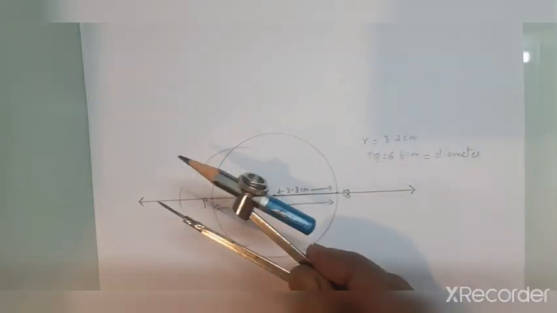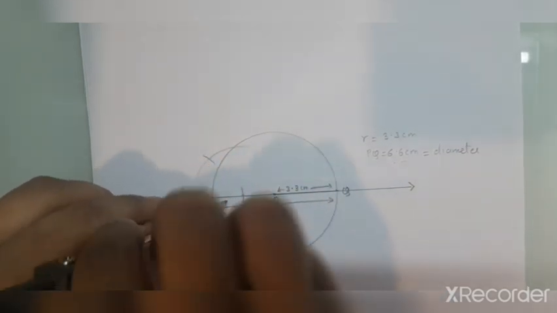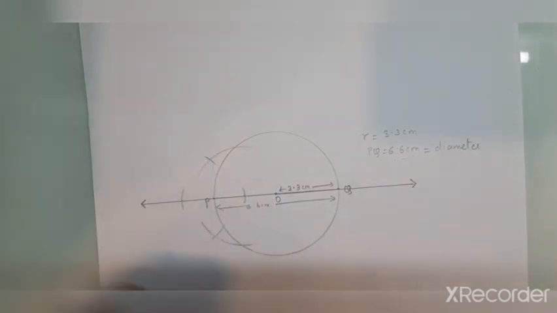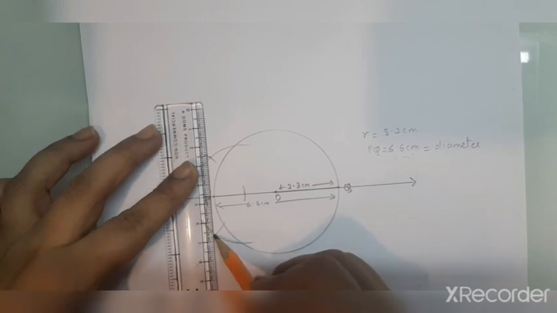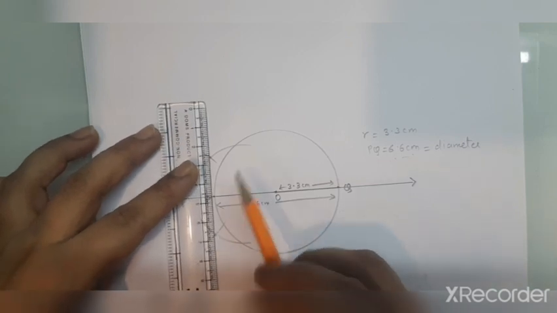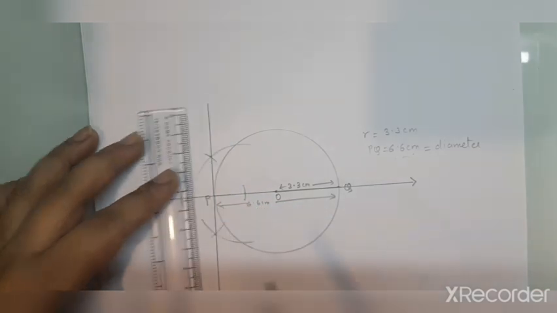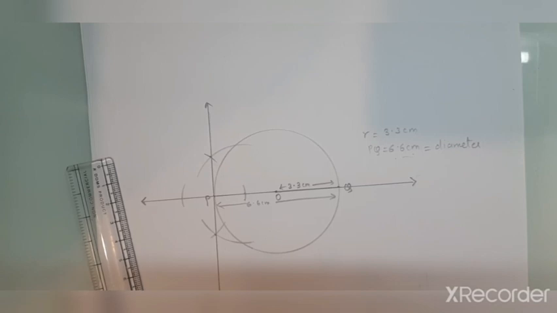With the same measure, I keep the pointer on the next arc and I just cut. And then I will just join the intersection of these two arcs, and I will see that they are passing through point P.